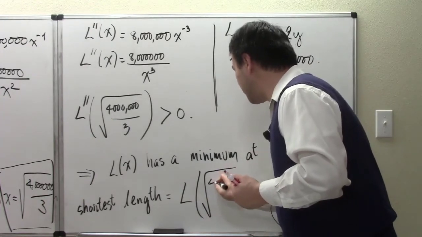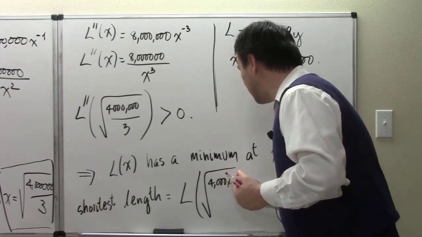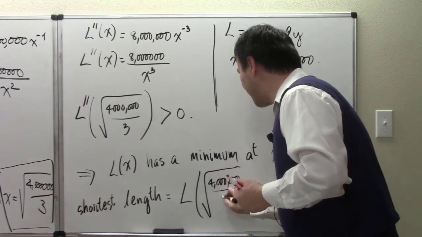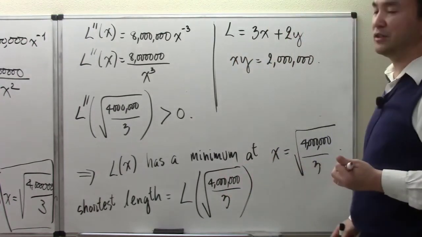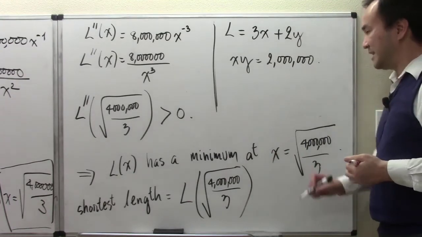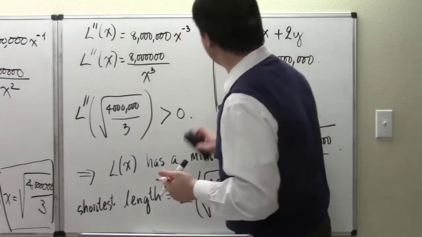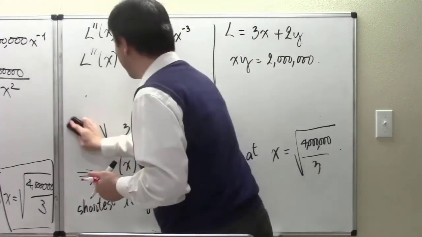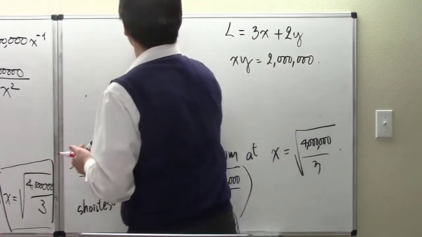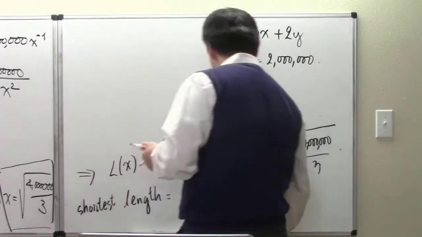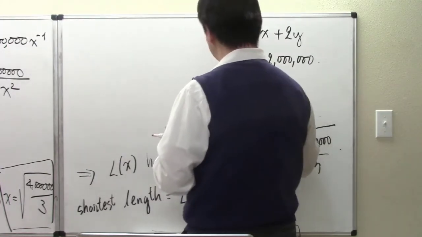So L of square root of 4 millions over 3. Now we're going to go ahead and do the actual calculation here. So allow me to erase a part of my board here. In this little narrow corner of my board, allow me to start doing some calculation work.